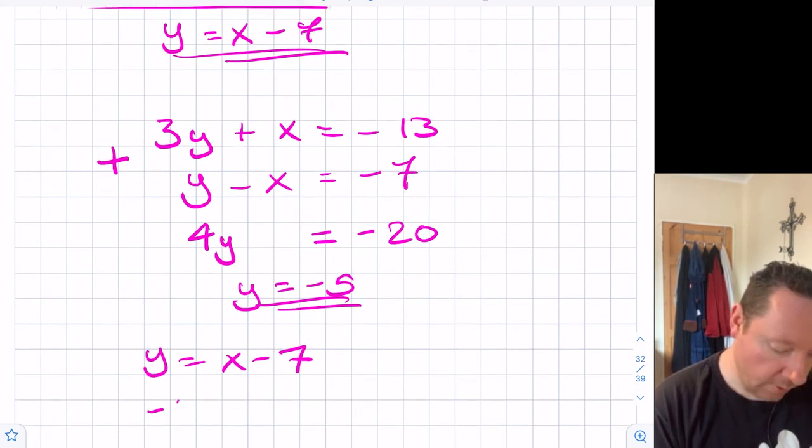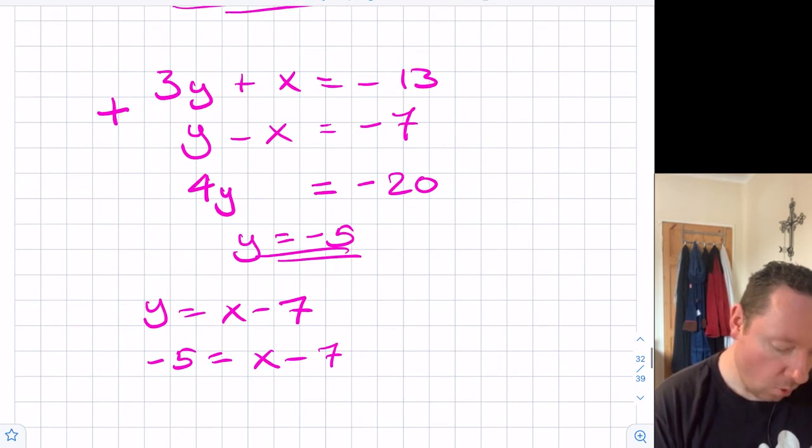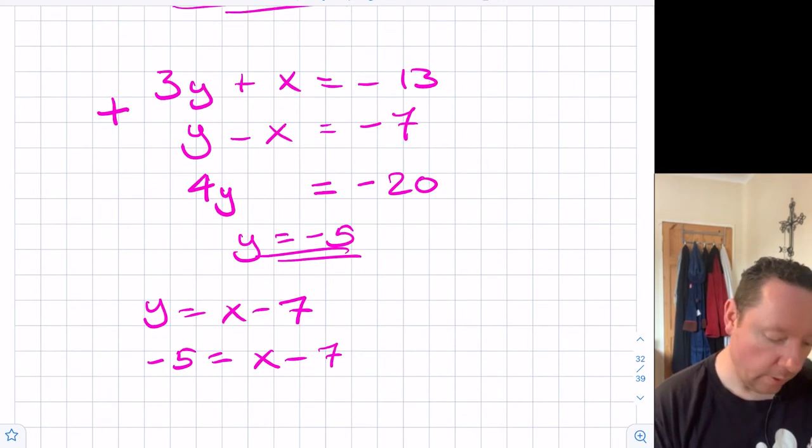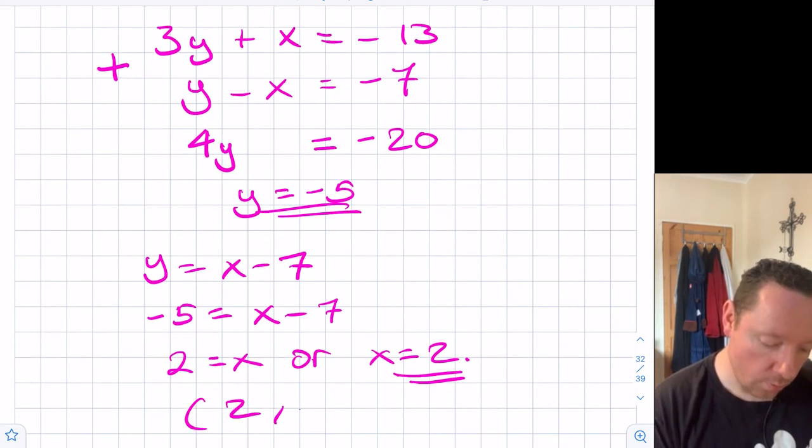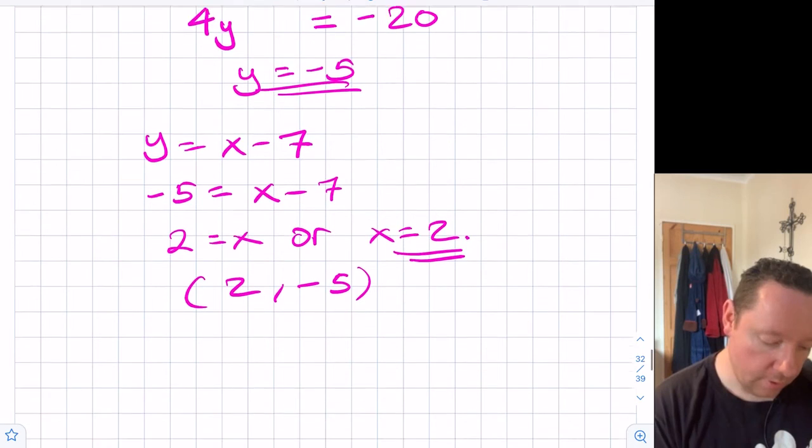So minus 5 equals x minus 7. Add 7: 7 minus 5 is 2. So x equals 2. So our point of intersection is (2, -5).